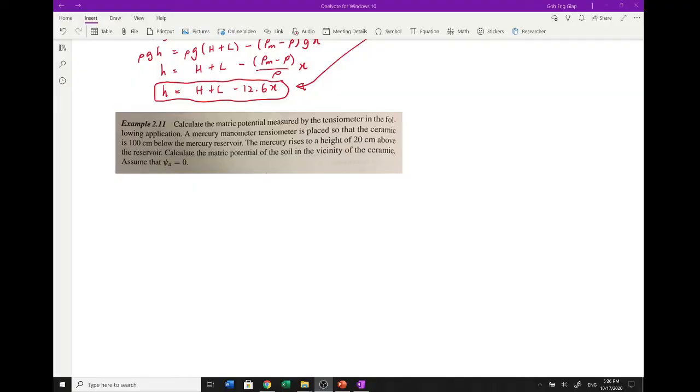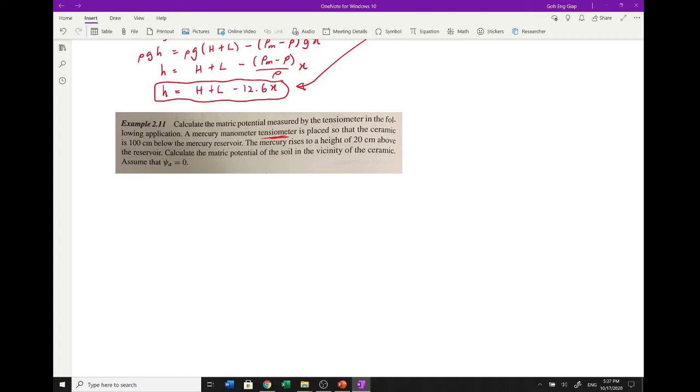Now let us solve example 2.11. Let us read the question. Calculate the matric potential measured by the tensiometer in the following application. A mercury manometer tensiometer is placed so that the ceramic is 100 centimeters below the mercury reservoir.